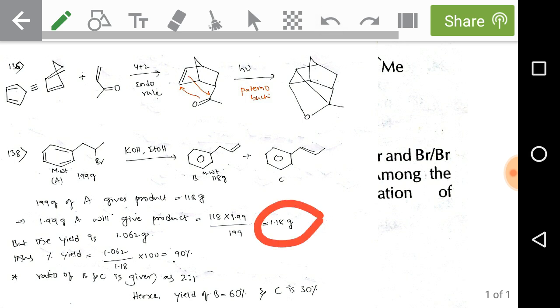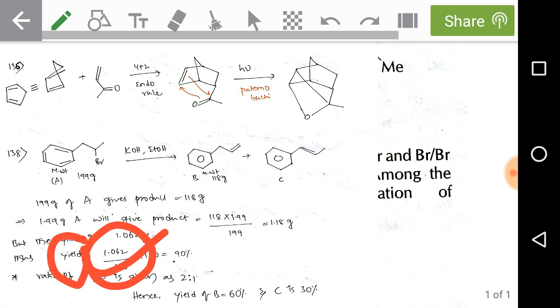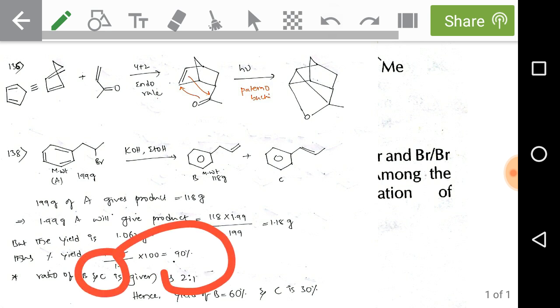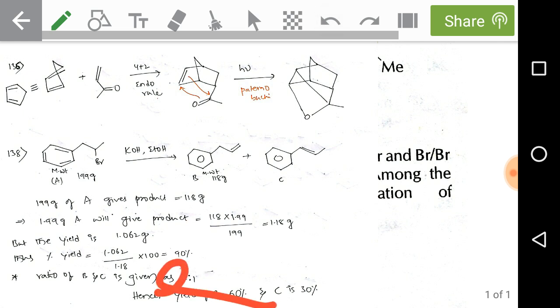So that is equal to 1.18 grams of B product. Okay, but the yield is given as 1.062 grams. Thus the percentage yield must be equal to 1.062 by 1.18 into 100, that is 90%. And we have given in the problem the ratio of B and C as 2:1. So the total is 90%. In that, B must be 60% and C must be 30%.